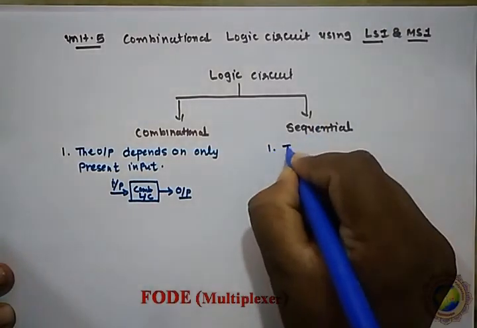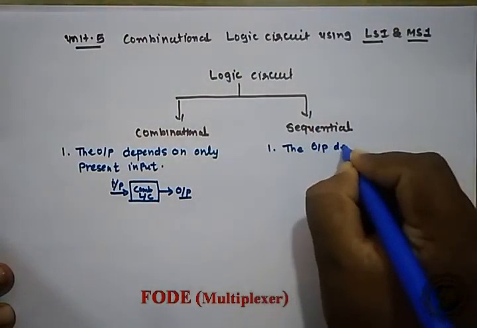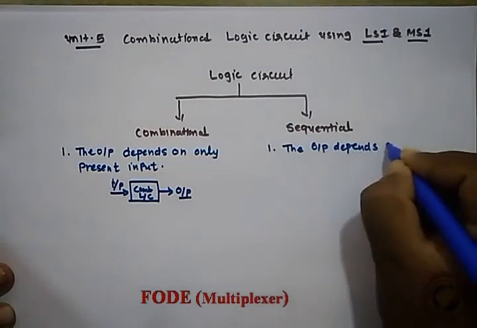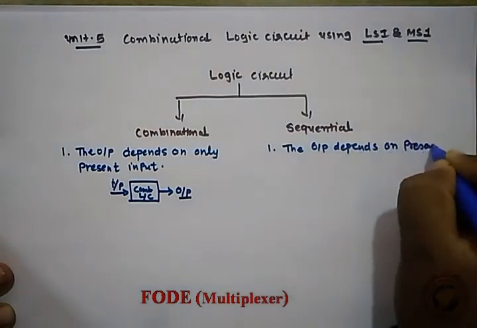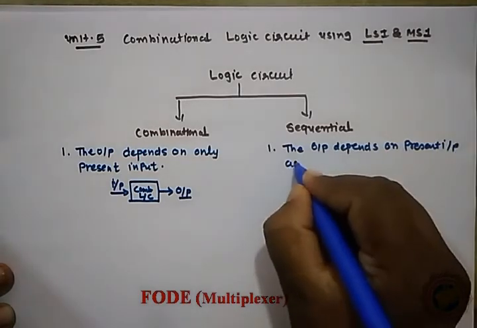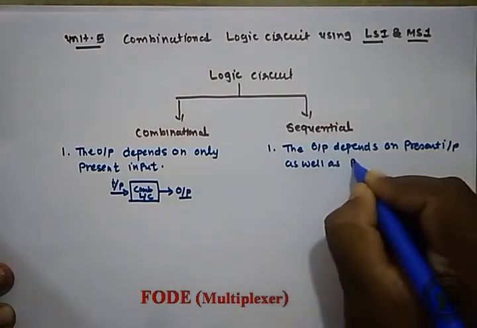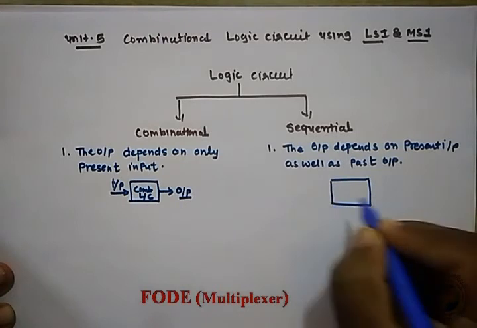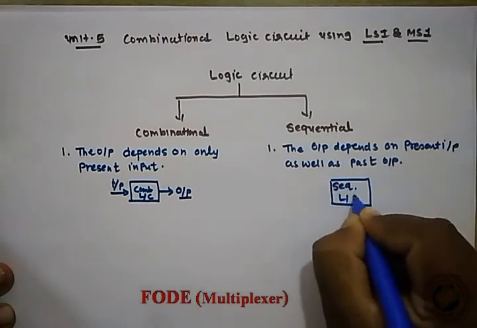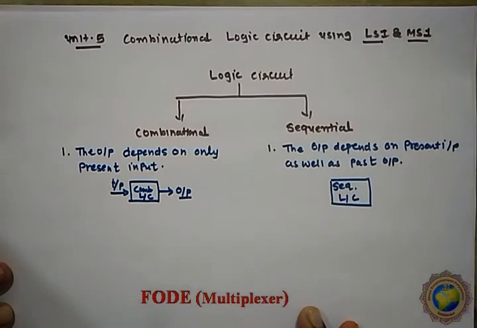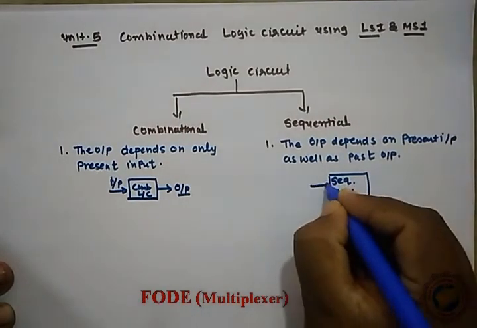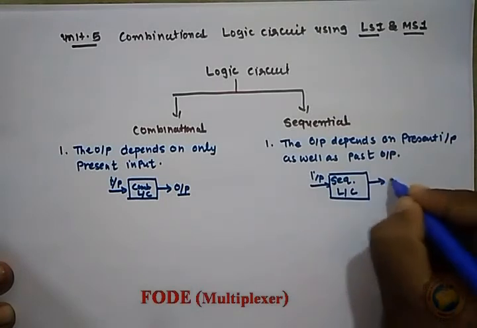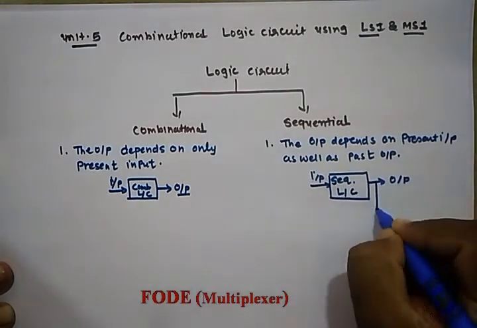What is sequential? The output depends on present input as well as past output. Present input is there, but also past output. Suppose this is a sequential logic circuit: present input as well as past output. Means here you have given an input, here is the output, but this output is given again to the input.